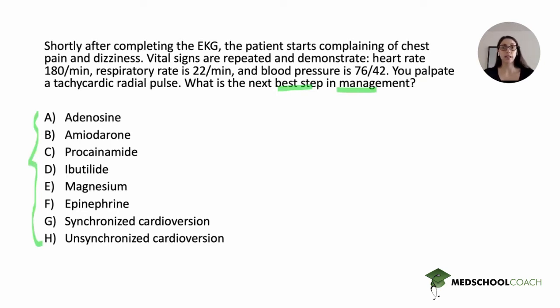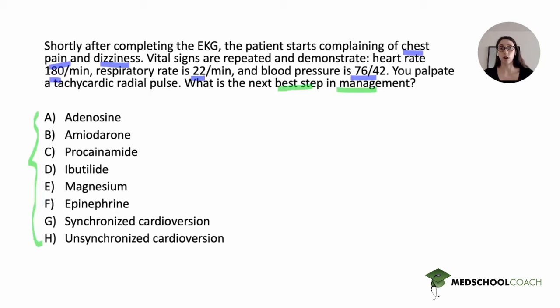Shortly after completing the EKG, the patient starts complaining of chest pain and dizziness. Vital signs are repeated and demonstrate heart rate of 180, respiratory rate of 22, and blood pressure is 76/42. So now we have a change in the patient's clinical status, going from relatively stable vital signs.